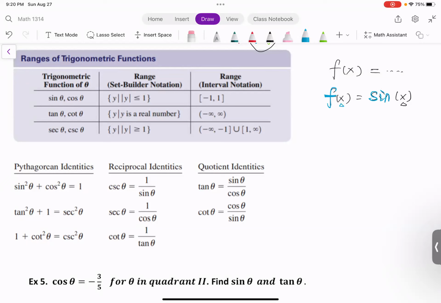They all have the same input. Sine, cosine, tangent, cotangent, secant, cosecant, they are all functions. So the range of the function means I want to find the value of this part.